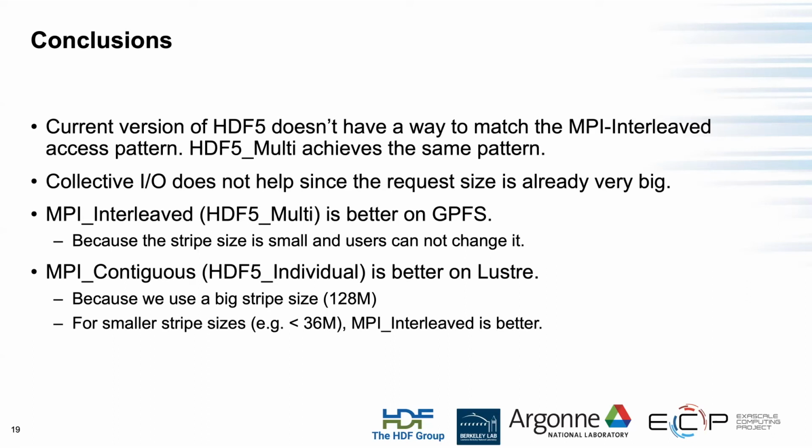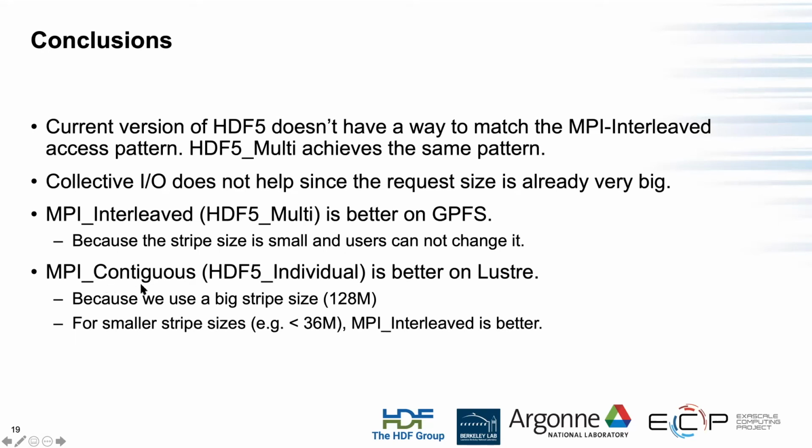So we did experiment with a type of MPI interleaved HDF5, which we call HDF5 multi, which is an experimental way of writing that interleaved data, and we found it performed very well on GPFS, just because the stripe size is usually small on GPFS, and users can't have any control over that.